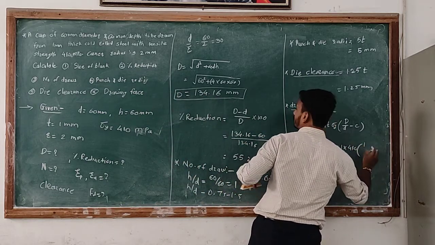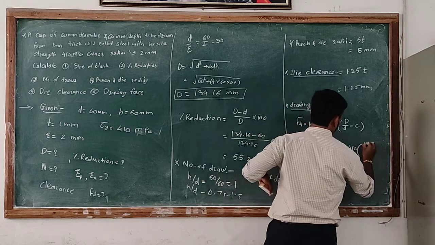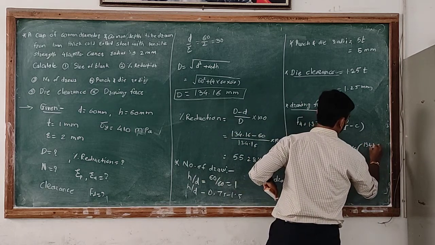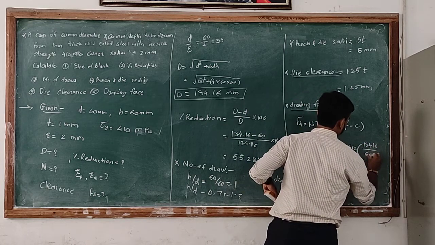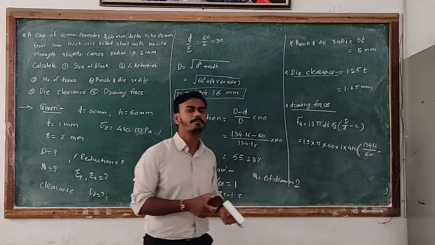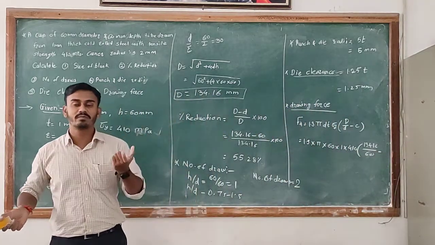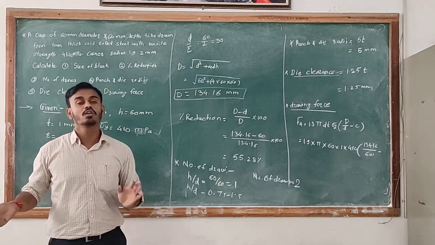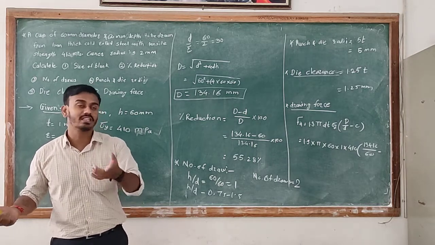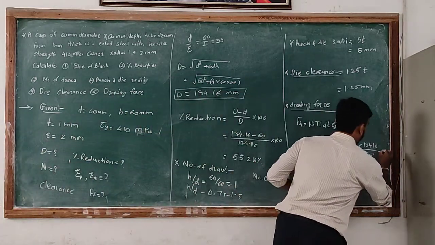Capital D is 134.16, divided by 60, minus c. What is the value of c? The value of c is between 0.6 to 0.7, so we will take its average as 0.65.